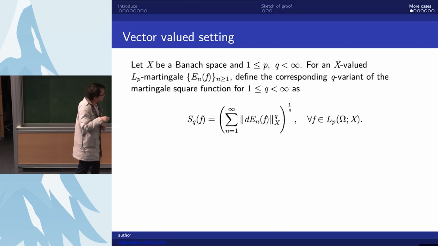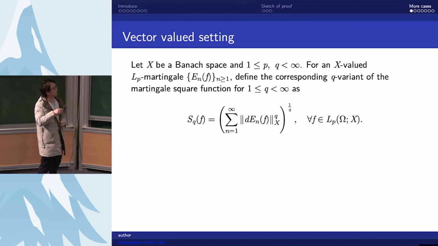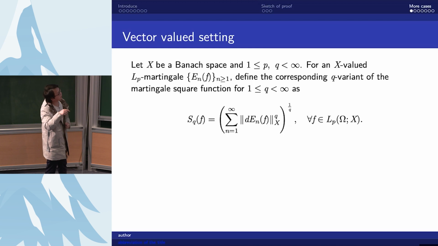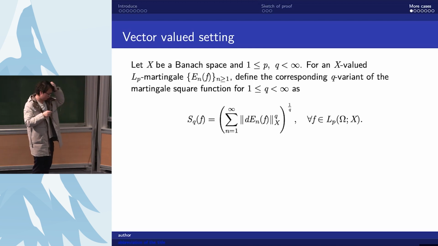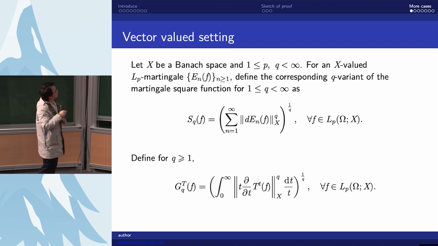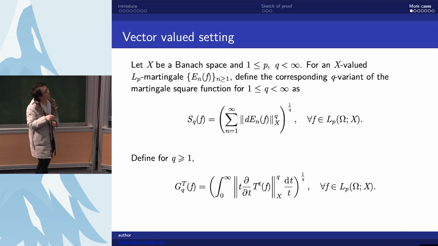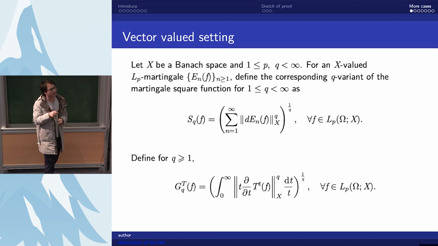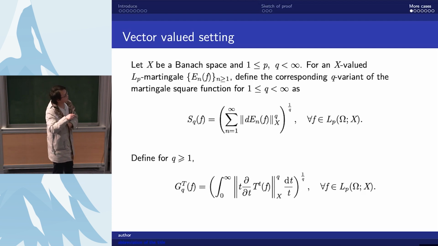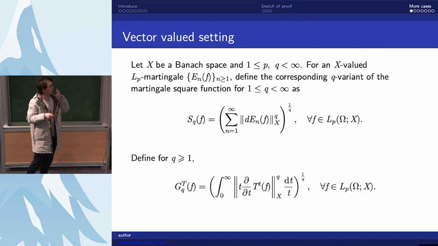We just use the X norm of DEnF, and use the power Q in place of the absolute value and the square. And for Q at least 1, we define the Q variant Littlewood-Paley G-function, also using the X norm and power Q in place of the absolute value.